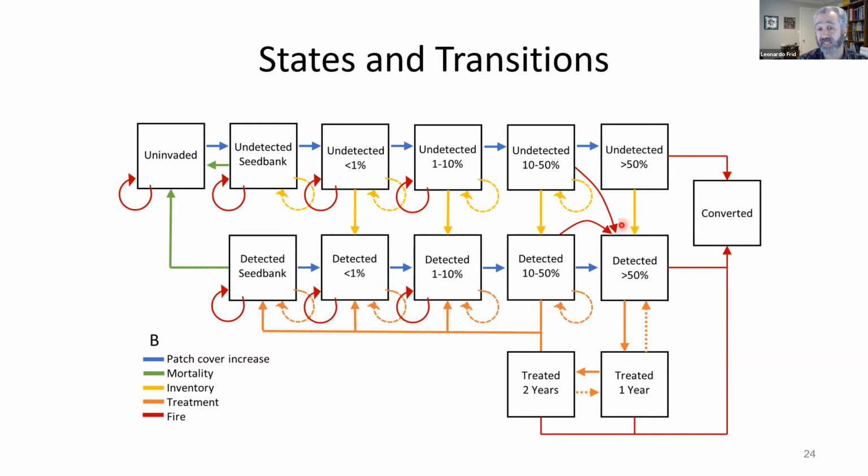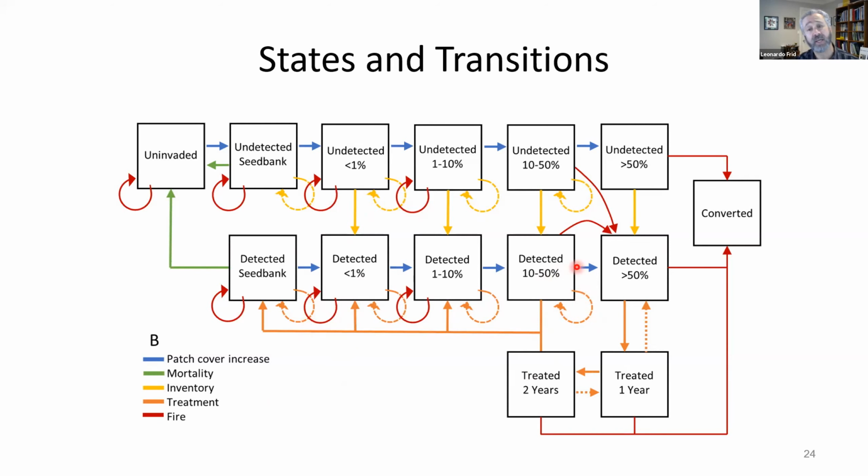Once the Buffelgrass is detected, then the orange arrows represent treatment actions. And again, sometimes treatment is effective at reducing the density of Buffelgrass in a particular location. And sometimes it's not, and you remain at the same density.